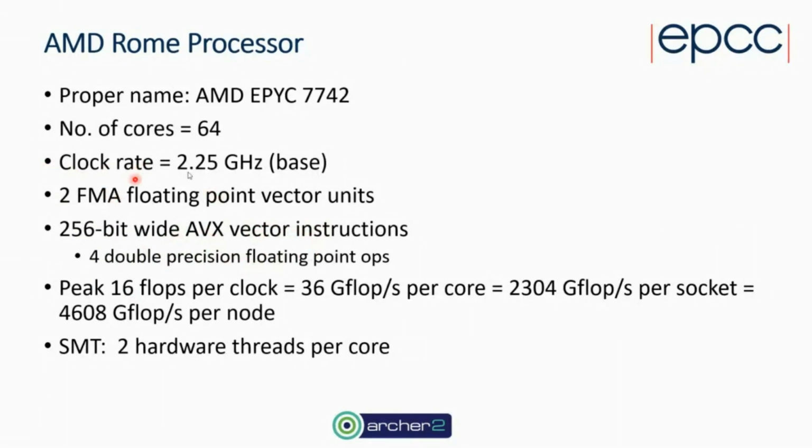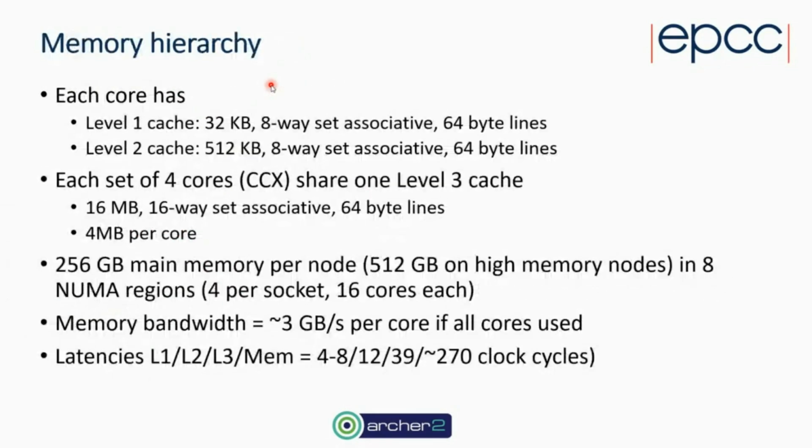And it also depends on your code being amenable to this FMA instruction, fused multiply add, which a lot of codes aren't. So in reality, most applications are not going to see anywhere near this 4.6 teraflops of performance. But what we're aiming to do on this course is get you closer to that than not.